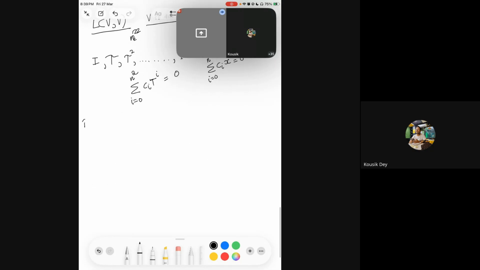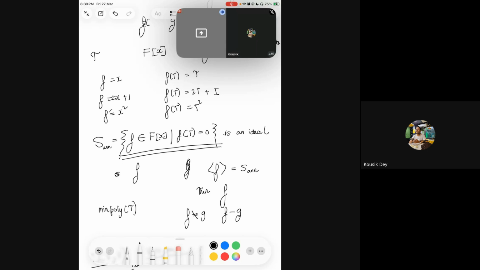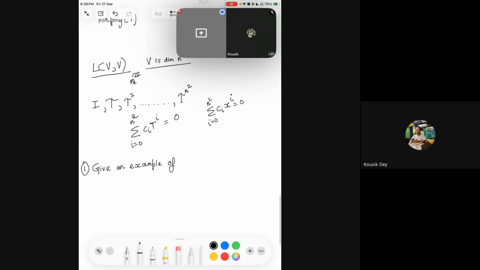Give an example of a linear operator. The thing is, if an annihilating polynomial exists, then a minimal polynomial will exist. That is true. But for an infinite dimensional vector space, no non-zero annihilating polynomial may exist. Most of you have seen only finite dimensional vector spaces, those were in the UG at least.